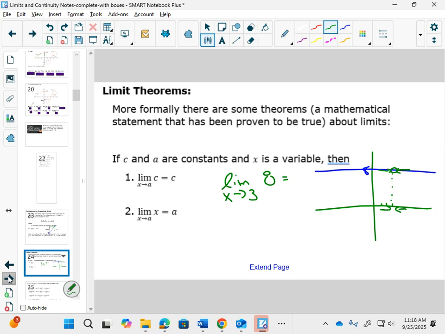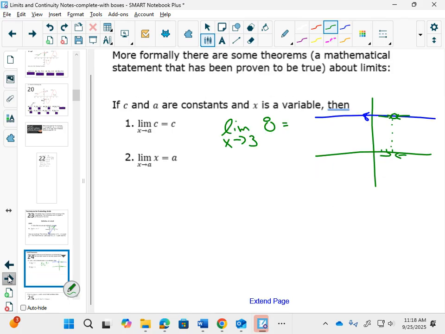So again, what I'm going to do is I'm going to translate this to numbers to help, because in variables, it can look confusing. Once you break it down to numbers, it's like, okay, that makes sense. Now c could be any number, a could be any number. Here x is a variable, so I'm doing the limit as x goes to 2 of x.